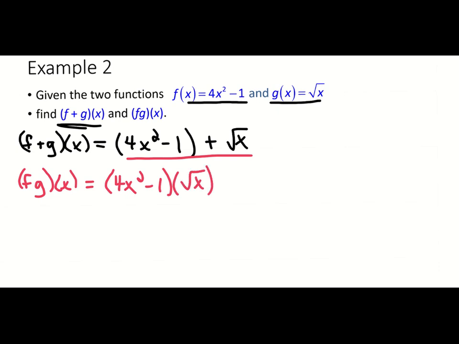And we can multiply here. I think the easiest thing to do would be to take this square root of x, instead of dealing with it as a radical, and change it into a fractional exponent. So I would really do this. I would do 4x squared minus 1 times x to the 1/2 power.